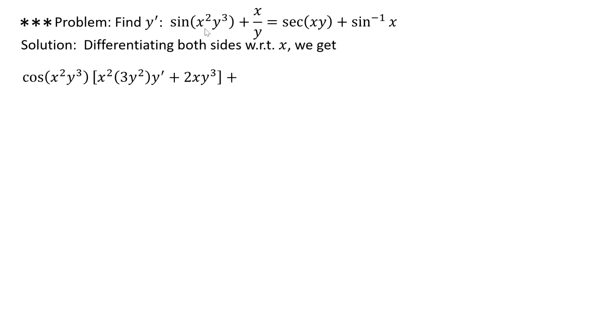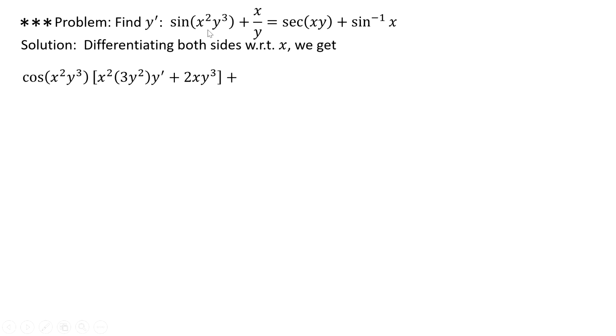Are you with me? Sine of something, derivative with respect to x, is cosine of that something, times the derivative of that something itself. That means the stuff inside the parentheses. Now focus on the stuff inside the parentheses.